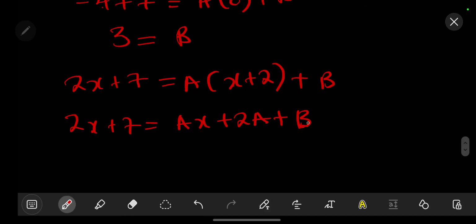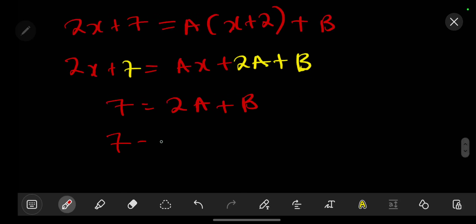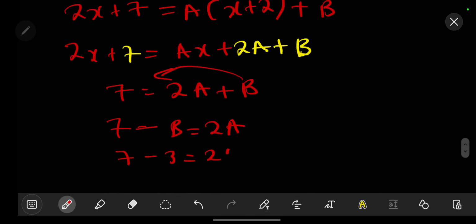Since b does not have any x, we look at the terms without x: 7 should be equal to 2a plus b. So if b comes here, it will be minus b. So 7 minus b, which is found to be 3, is equal to 2a.